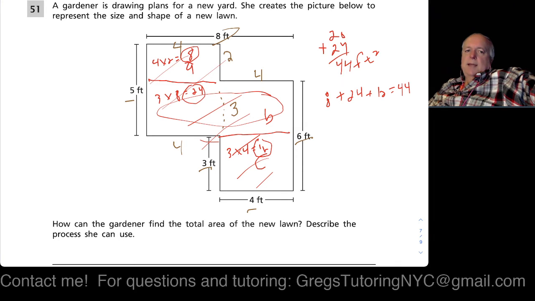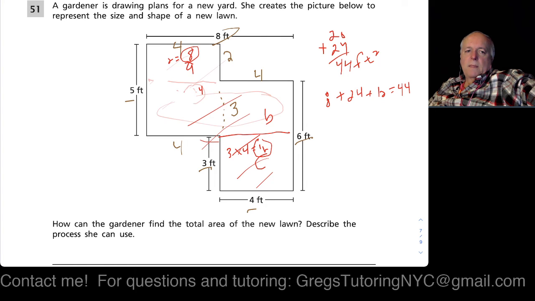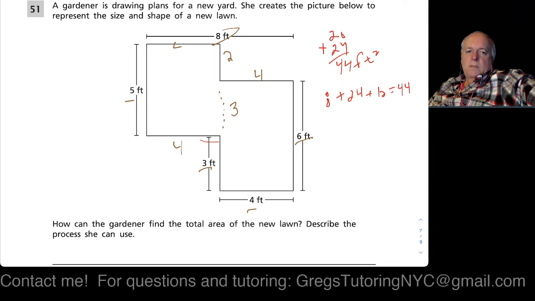Okay? And the last thing I'm going to do is show you still something else. Let me get rid of all the red here for a second. Let's see, how can I do this? I want to keep those lengths of the sides there. Are all the lengths of the sides there? Yes, they are.